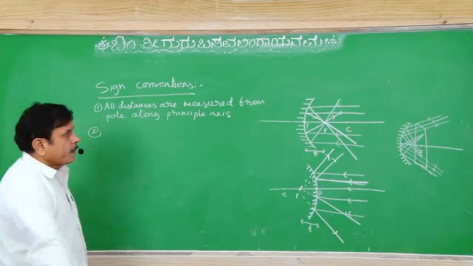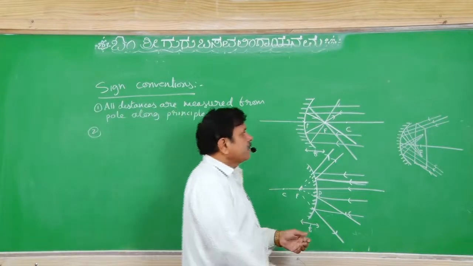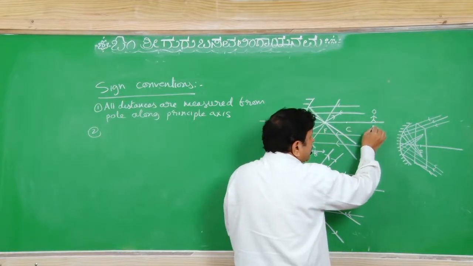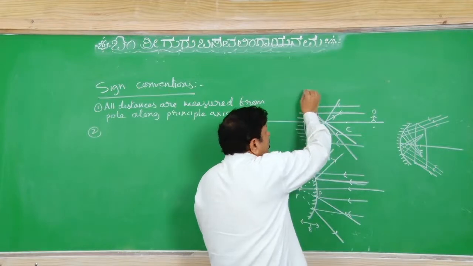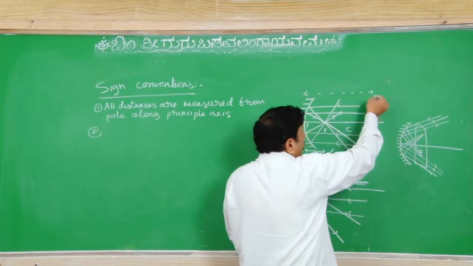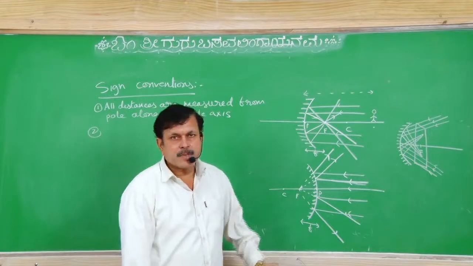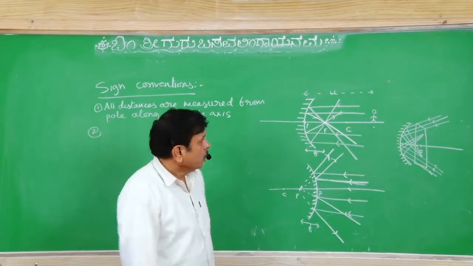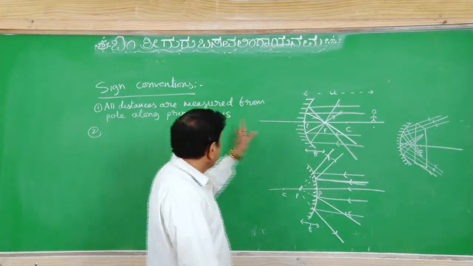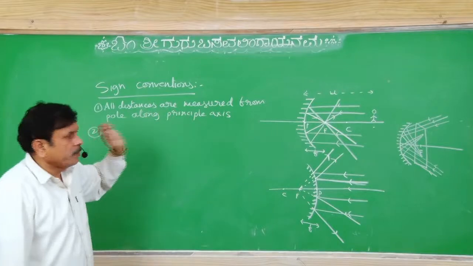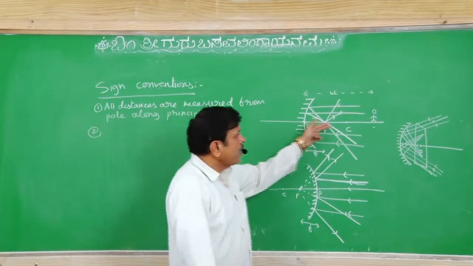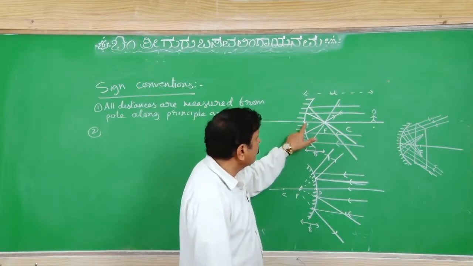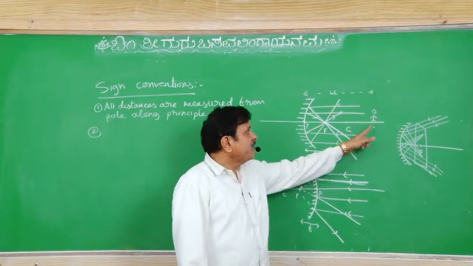Second point, here what we will do, suppose an object is here, its position we want to find out. Generally for measuring the distance of the object, we represent it by the letter U. This distance, according to the first rule, should be measured from the pole along the principal axis. When we start measuring, we find the object is on this side.